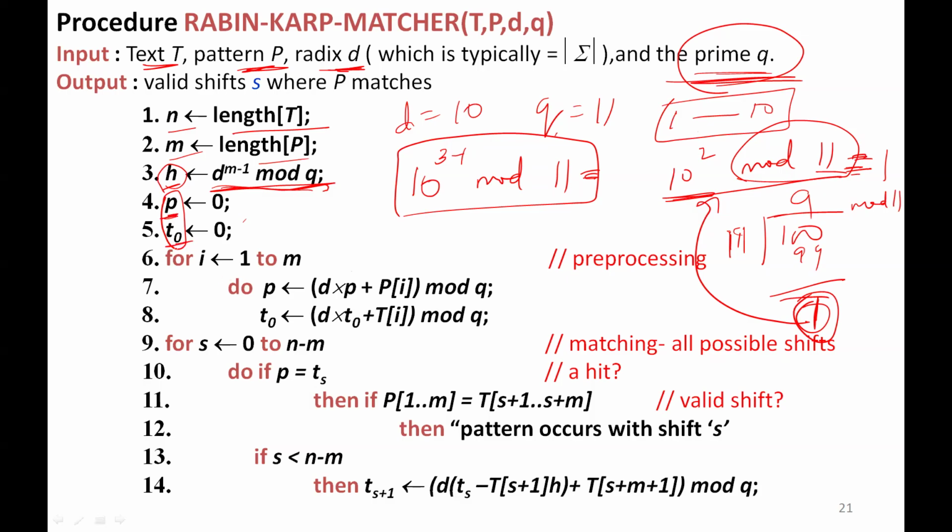T0 is the first set of characters. Then we move forward as Ts and Ts plus 1. We keep on finding for every shift. Without any shift, it is known as T0 itself. When a shift starts, we call it T1, T2, T3, etc., till the end of the string.